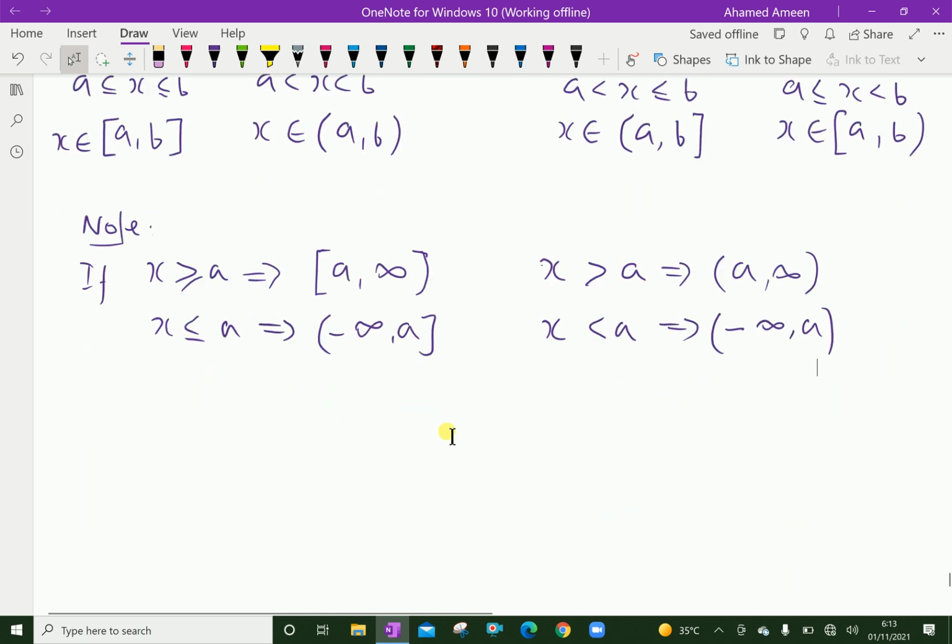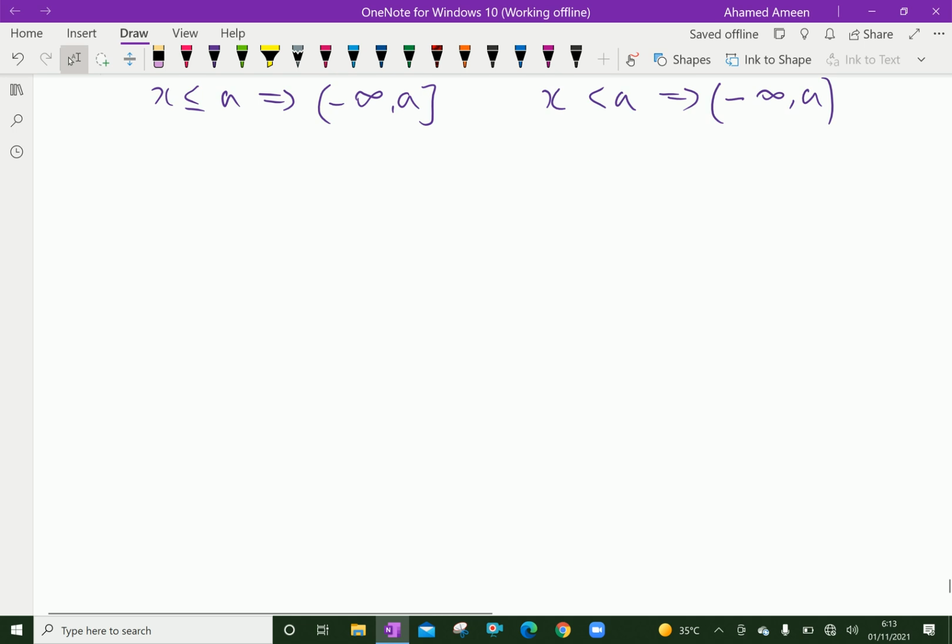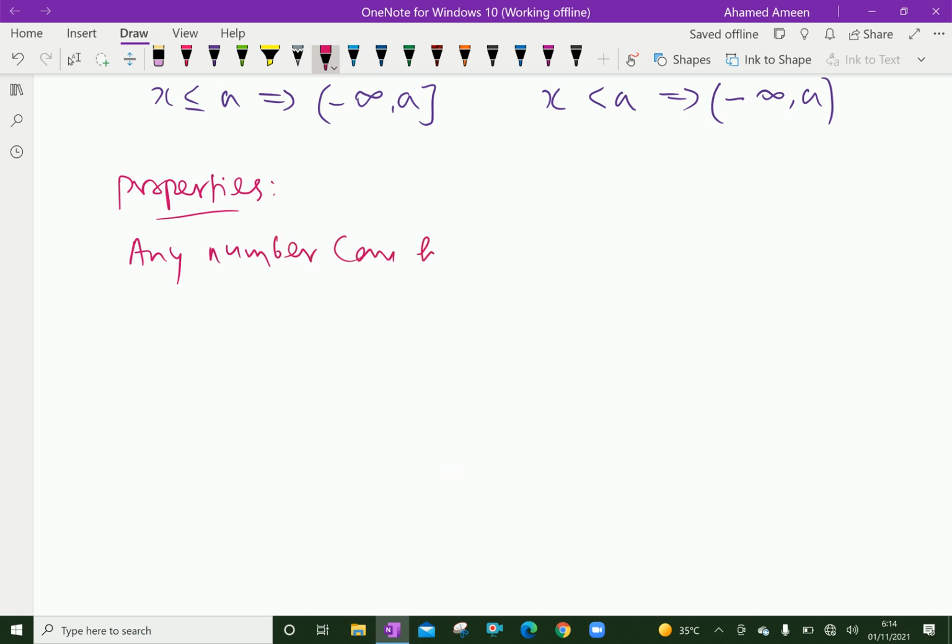Some properties we'll discuss. Properties of intervals. In an inequality, any number can be added or subtracted from both sides of the inequality.